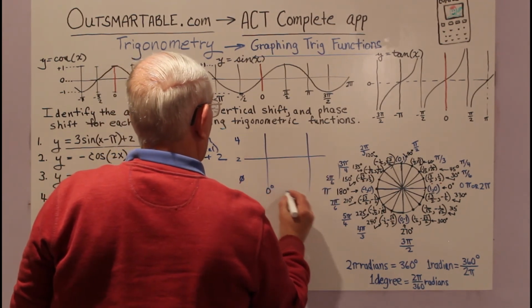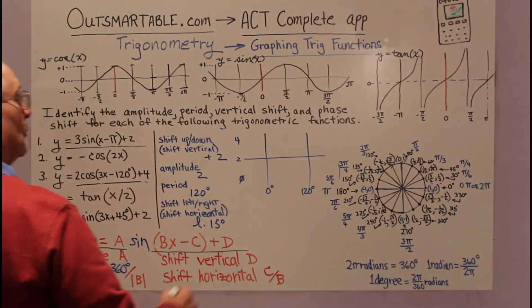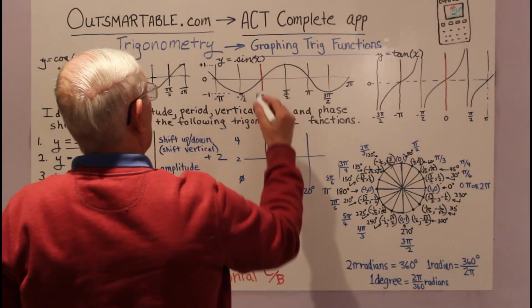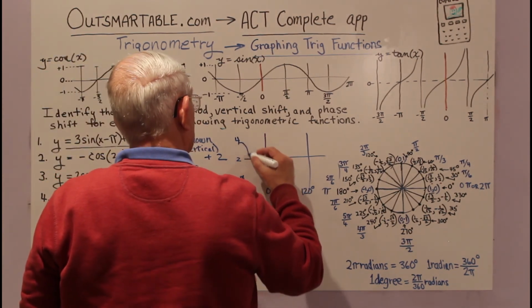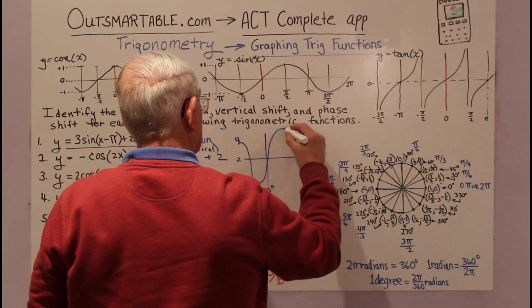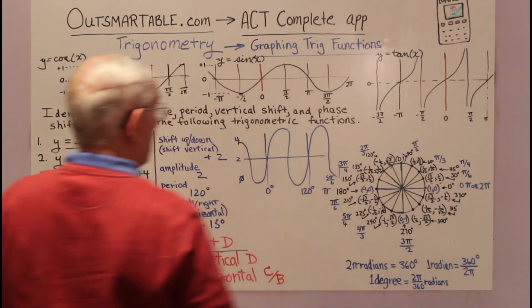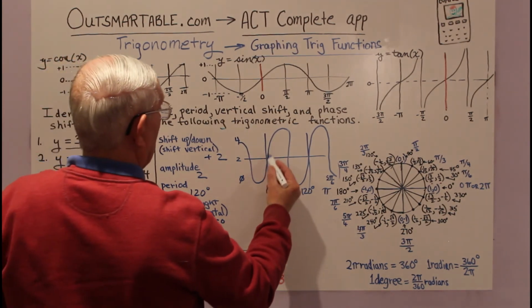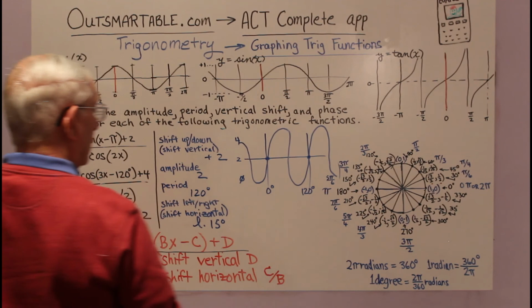Instead of 360 degrees, it's 120 degrees. At 0 degrees, the sine is going up. So there you have a complete cycle from 0 to 120 degrees.